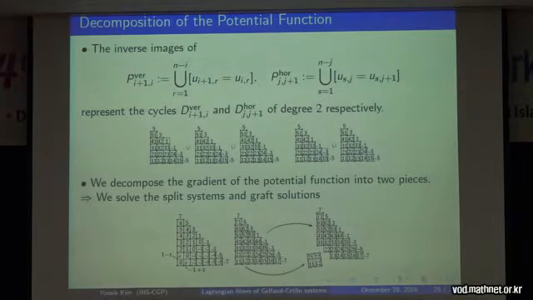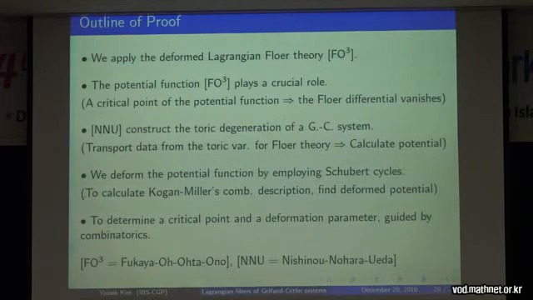So here is a rough picture of what I do. Let's split the gradient of the potential function into two pieces, depending on the line segment. In this case, the line segment connects P and P2. We decompose into two parts, solve this part, then solve the remaining part, and then gluing the solutions, we can get the critical point of the potential function. That's the very brief outline of the proof. Okay, so thank you very much.